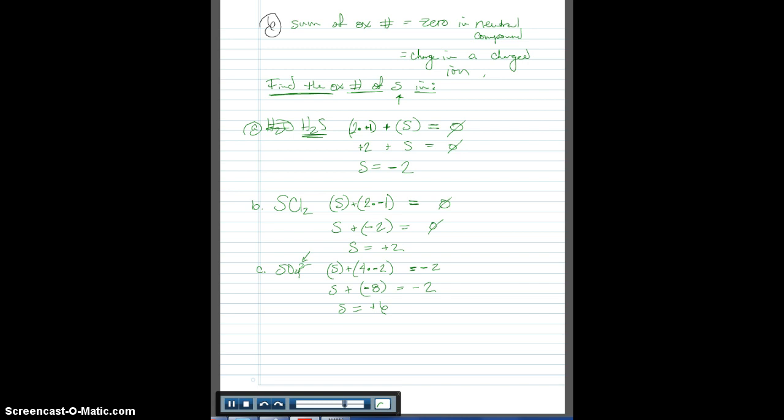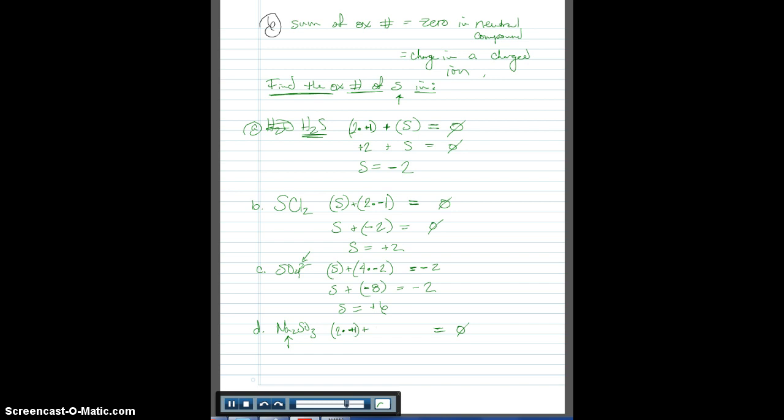And then let's do one more, Na2SO3, and this one is neutral, so let's set this equal to 0. For our Na, we have 2 sodiums, so we're going to have 2 multiplied by sodium, which forms a -1 charge. I'm sorry, it's a +1 charge. Made a mistake there.